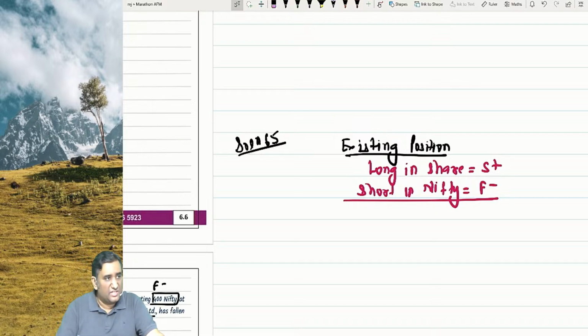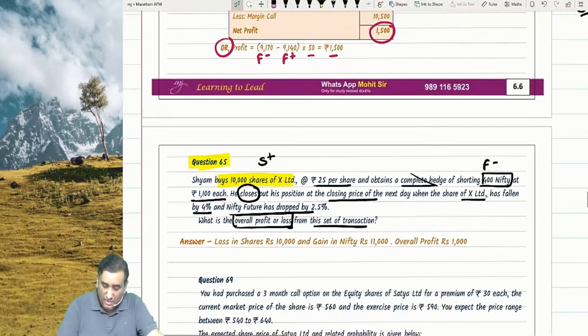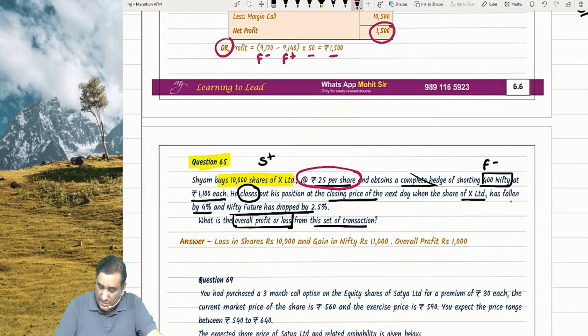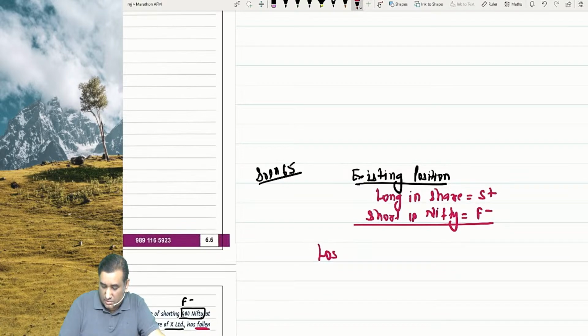Now, prima facie I can make out whether profit or loss will come, and accordingly I'll start putting my answer. He is buying the share at the rate of 25, S plus, and the price has next day fallen. If you are plus in something and price falls, you'll have a loss. Loss in the cash market, prima facie.